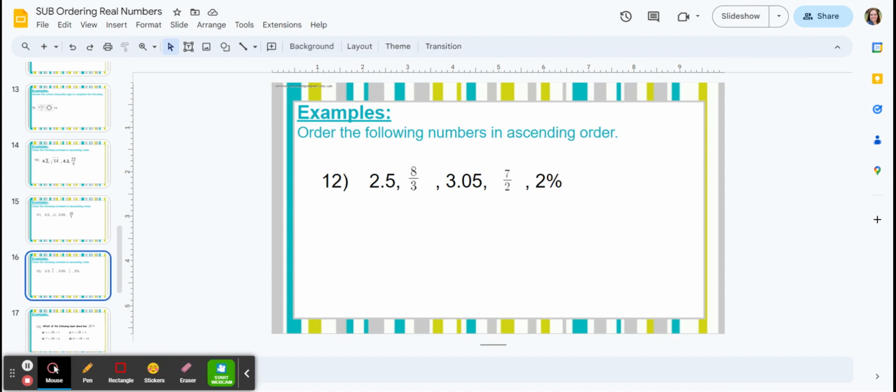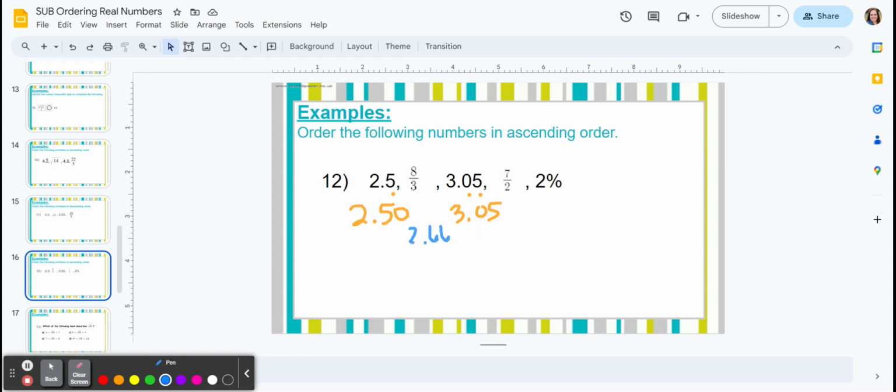Okay. Next one, again, we have to put them all into the same format. So we have one number that was in the tenths place, and this is in the hundredths. So let's go ahead and put this in the hundredths also, and then 3.05. Okay, and then we have to convert the rest of them. So let's try 8/3 first. So we got 8 divided by 3, and that is 2.66.